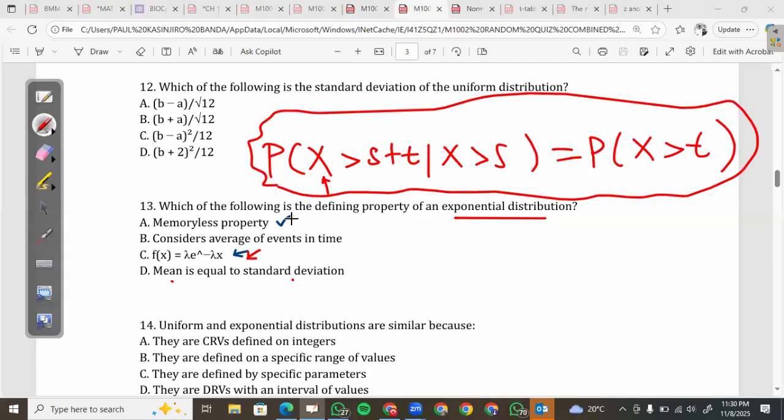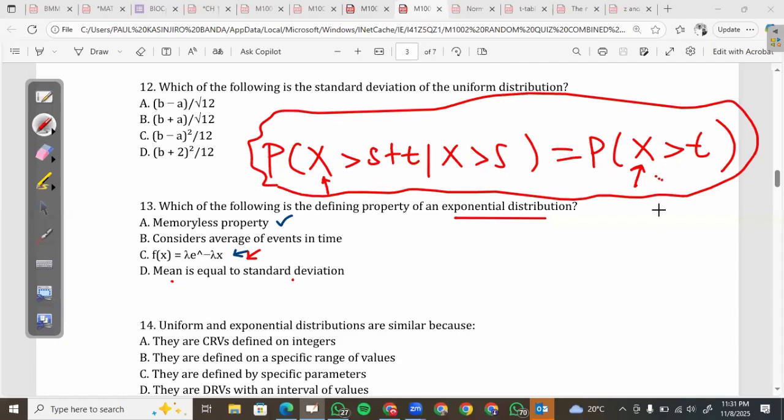But in actual meaning, it means the probability that the waiting time exceeds S plus T, given that it has already exceeded S, is the same as if we're just starting from the start, which is the statement given there. So that's the memoryless property.